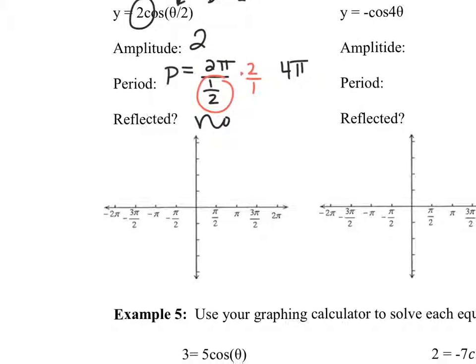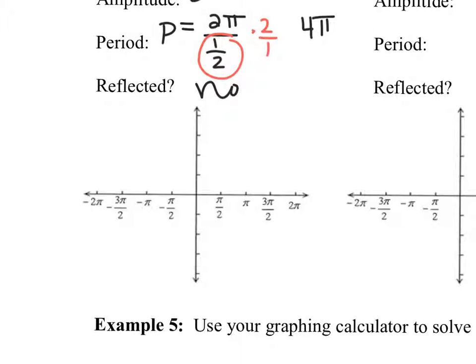So to graph this, I'm going to make my amplitude go up 2 and down 2. And I'm going to have one cycle from 0 to 4 pi.